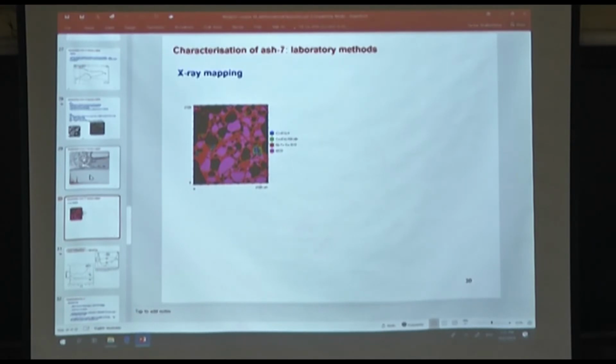X-ray mappings, unless they are coupled with EDX, will not give you the concentration. This will only show you what is present along with what else. So it is showing that in some cases, calcium and iron and silicon are coexisting at the same spot, but it is not telling you how much calcium, how much iron, how much silicon. You can do that too.